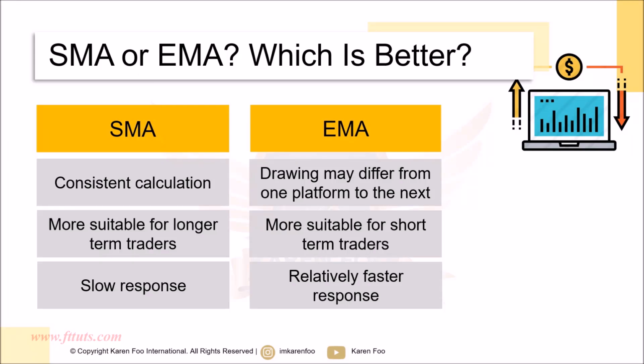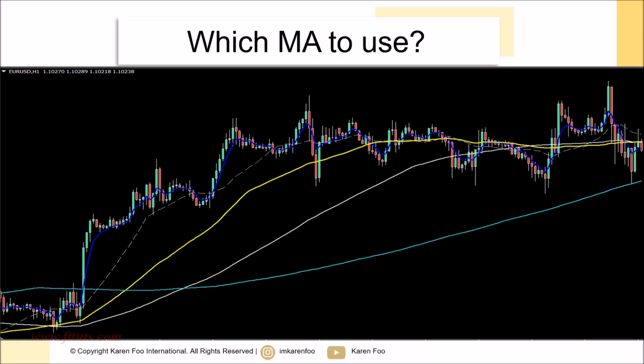For example, 1 to 20; 20 to 60 would be MAs used for medium-term trading, and above 60 would be for long-term trading or even long-term investing. But for me, I tend to use all of them in combination, because a lot of people ask which MA to use. Like I said, I use a combination of EMA and SMA, and also short-term and long-term moving averages.